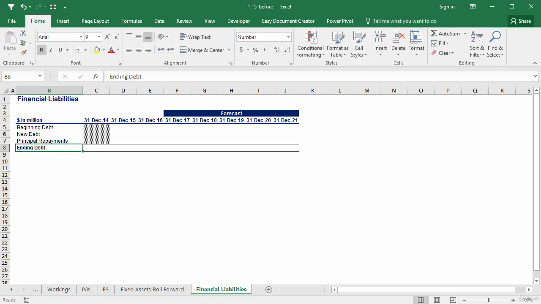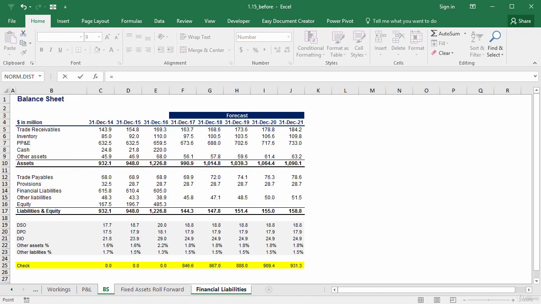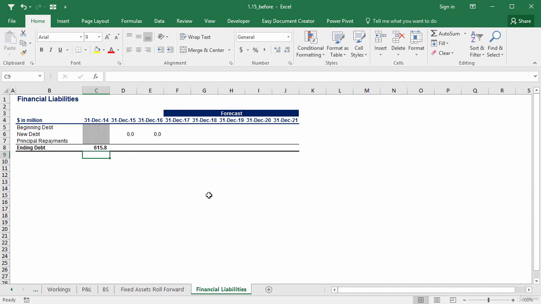Very well. We know for a fact that no new debt was made in 2015 and 2016. Let's fill in historical values by bearing this in mind. We can link ending debt for 2014, 2015, and 2016 simultaneously.